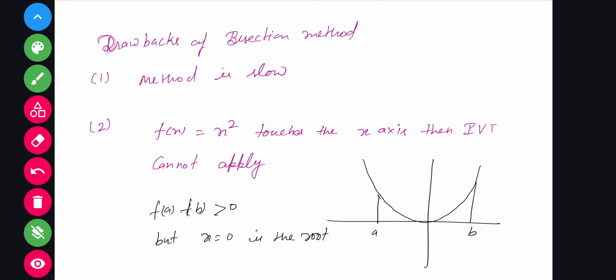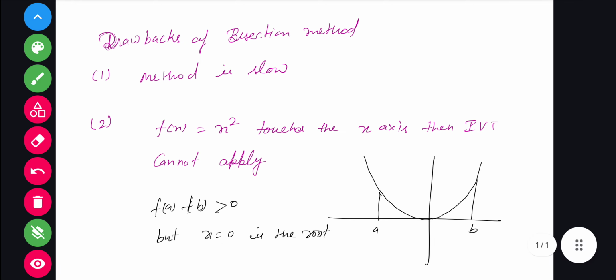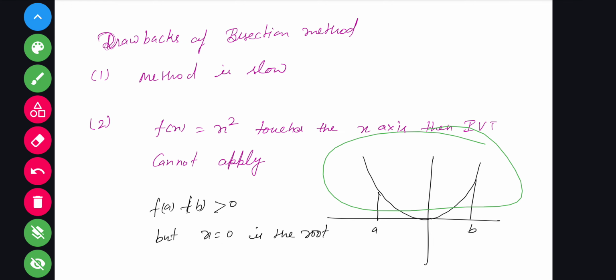The second point is that f(x) equal to x square touches the x-axis, so IVT cannot be applied. IVT cannot be applied when there is no negative functional value, right? You can see in this graph there is no negative functional value. The functional value is always on the positive y-axis, so we cannot apply IVT, which means we cannot use the bisection method.